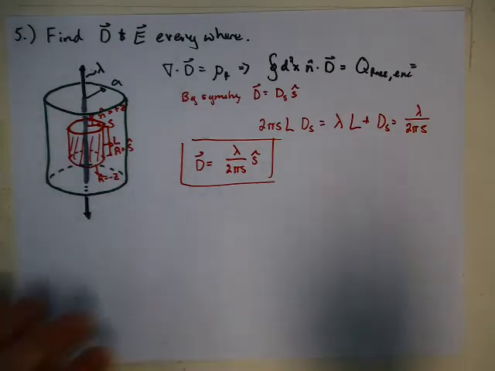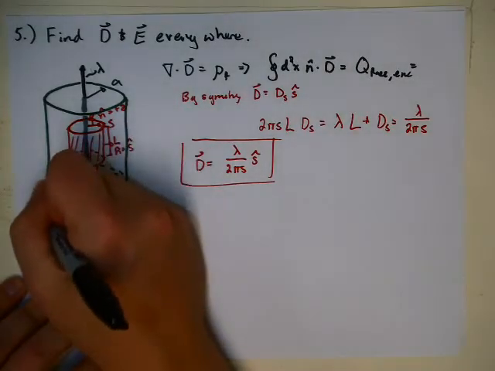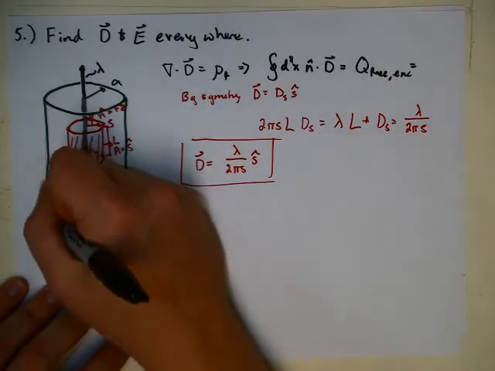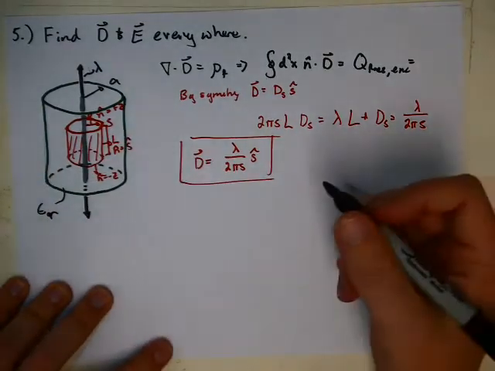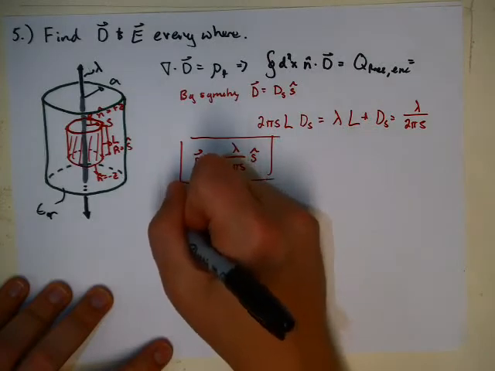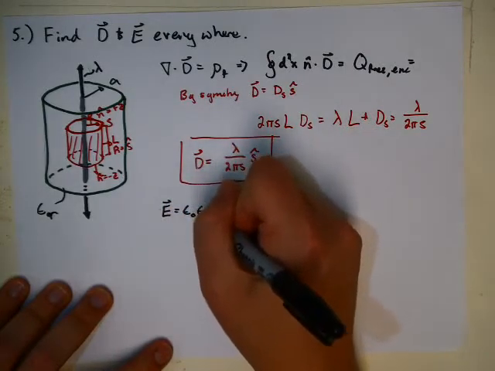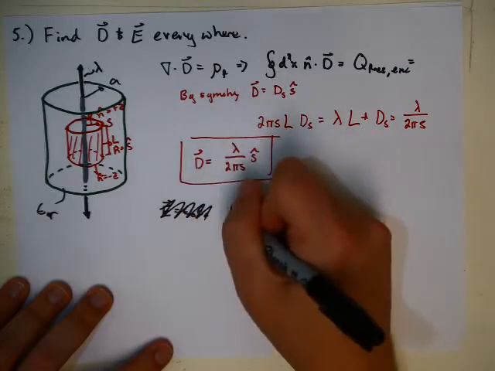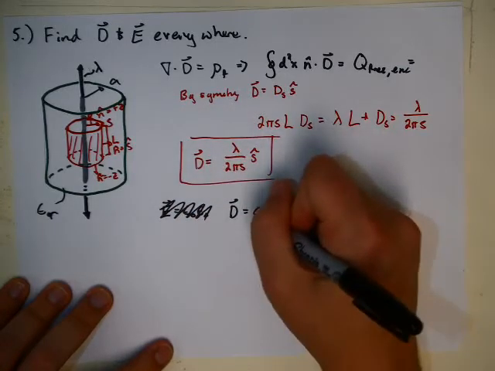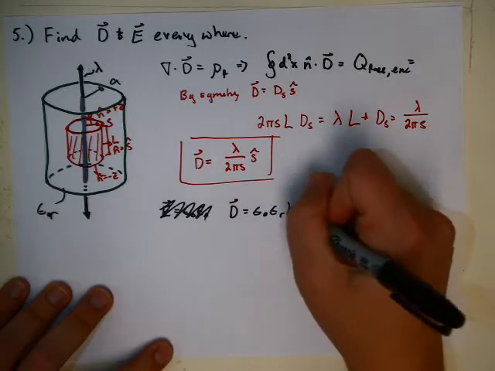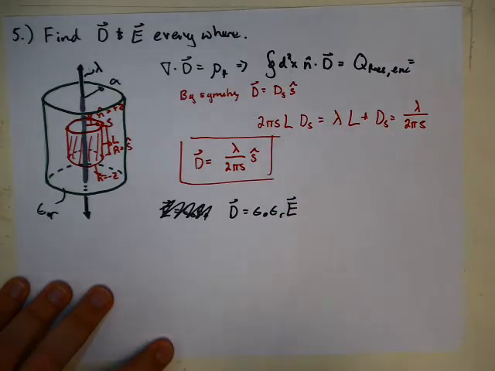Now, the dielectric constant for this problem is given as epsilon r. To find E, we're going to use the expression that D is epsilon naught, epsilon r times the electric field.